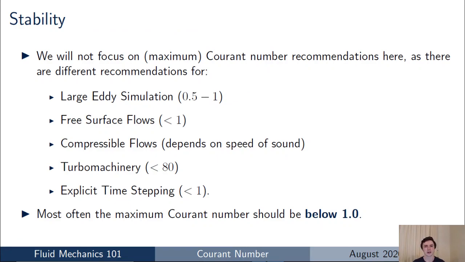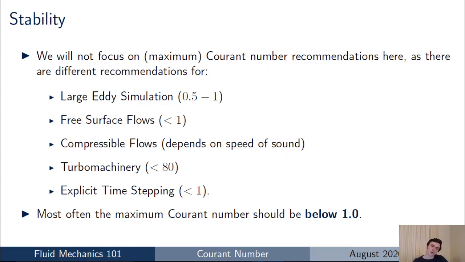So the first thing that I want to point out quickly is that because this talk is very limited in scope, I'm not going to focus on maximum Courant number recommendations, because these often vary for different types of flow simulations. And so I've just listed on the slide for you here a variety of different flow simulations, and what you'll see is that actually the recommendation for the maximum Courant number varies quite considerably, depending on if you're doing a large eddy simulation or turbomachinery with some kind of implicit time stepping scheme.